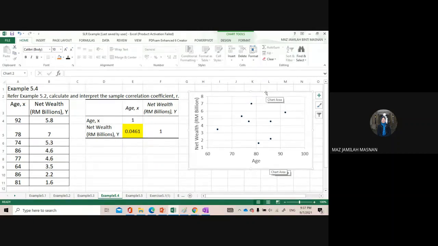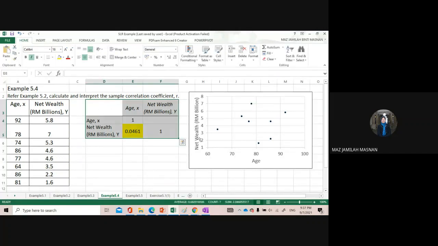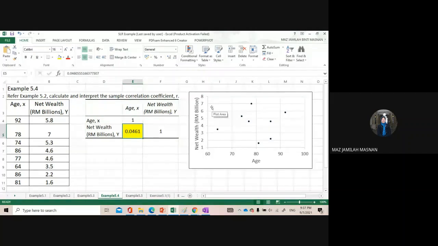But what if we find the sample correlation coefficient R by using Excel? So I find this particular result, and it seems that the sample correlation for age and net worth is 0.0461.